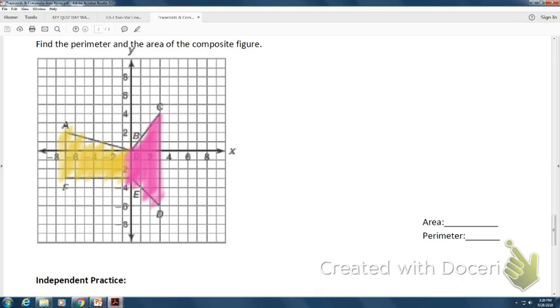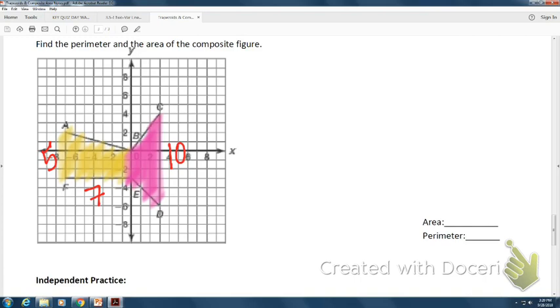Okay, let's work on the perimeter first. Okay, what's AF? 5. What is FE? 7. Okay, what's DC? DC 10.